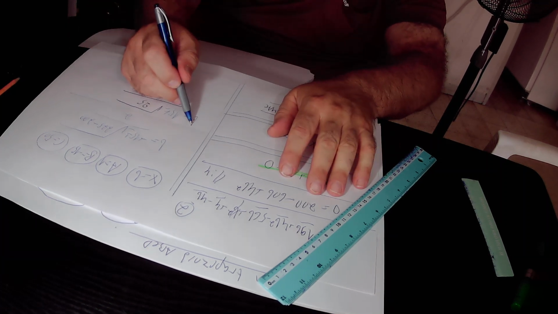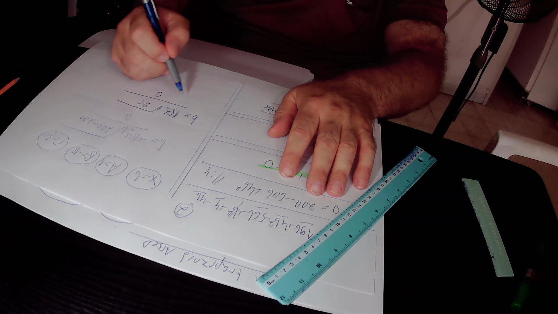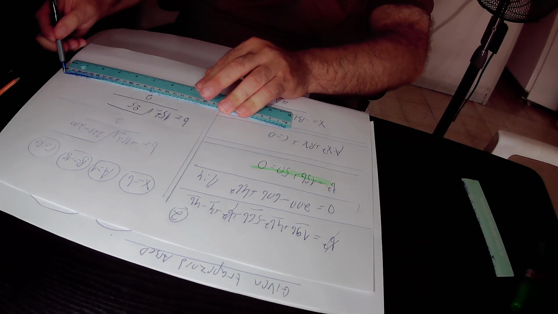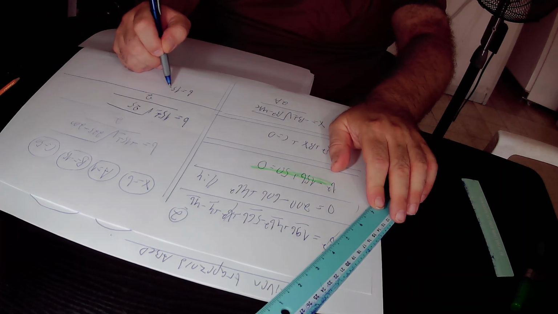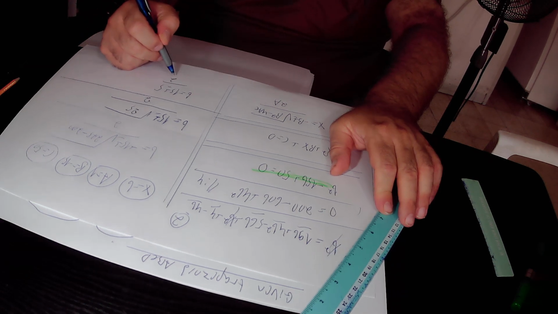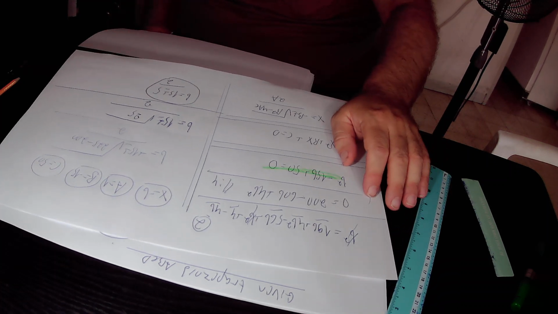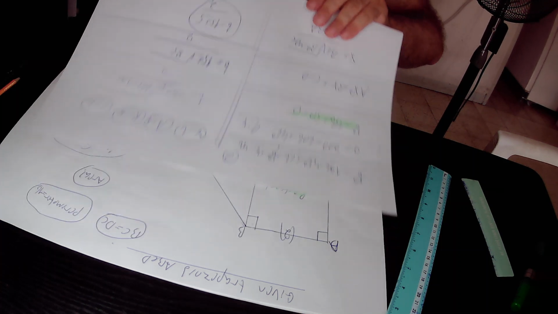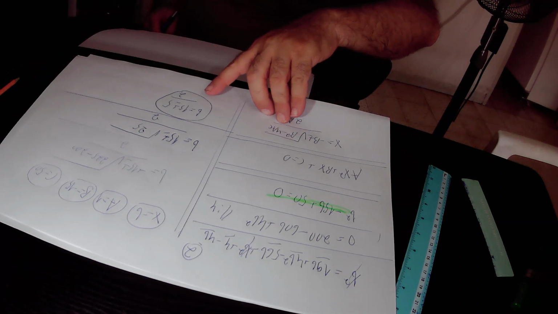So b equals 15 plus minus, and the square root of 25 is 5, over 2. So here we have two possible solutions for b. We define the first solution for b as b1 and the second solution as b2. So the first solution is b1 equals 15 plus 5 over 2.